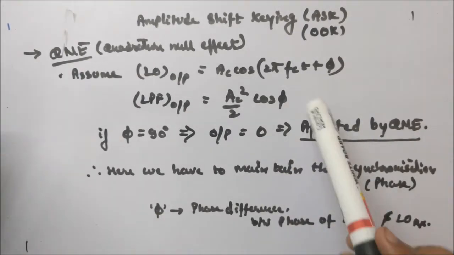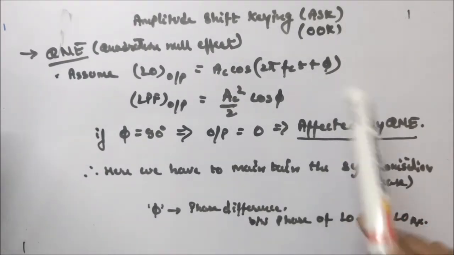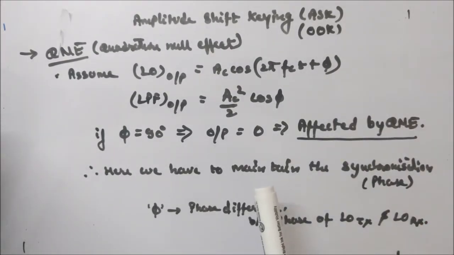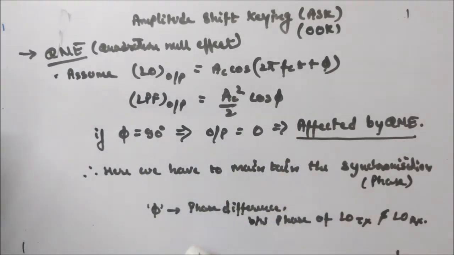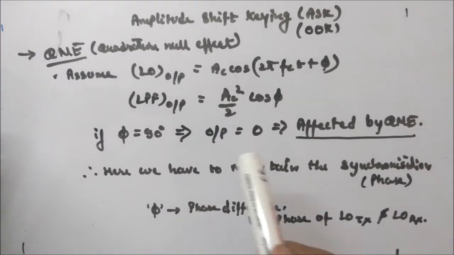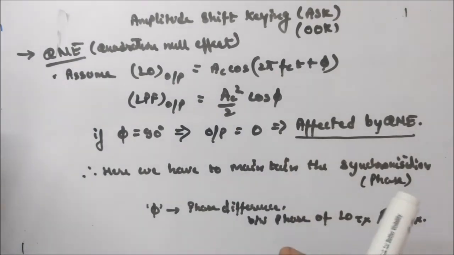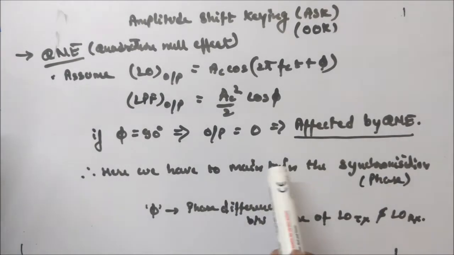It means you try to keep the phase difference as low as possible, and ideally it should be equal to 0, so that your receiver will work properly. The difference in phase between the local oscillator of the transmitter and the local oscillator of the receiver should be 0, or as minimum as possible, else it won't be able to work properly.